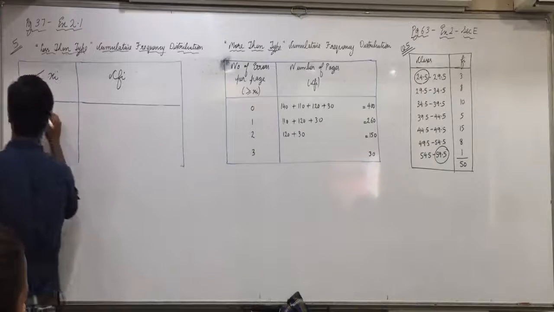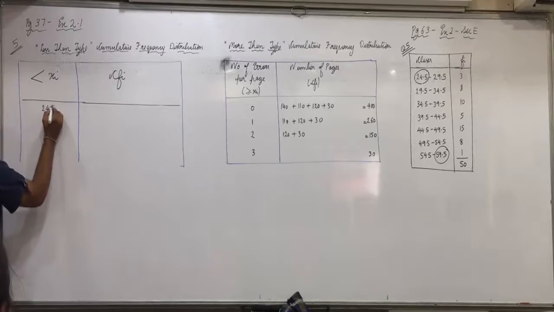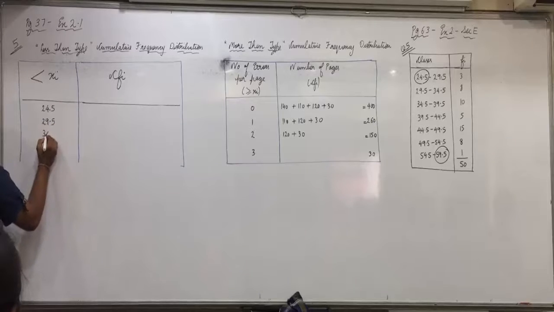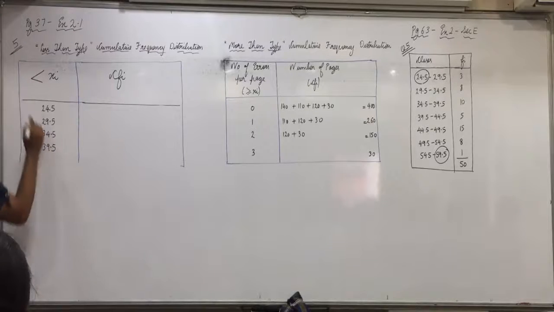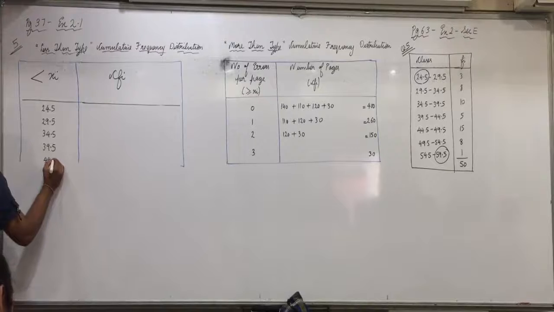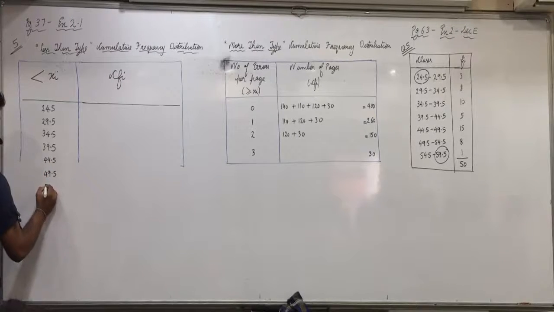You know, 24.5, 29.5, 34.5, 39.5, 44.5, 49.5 and 54.5.